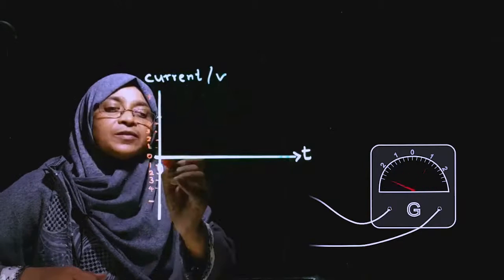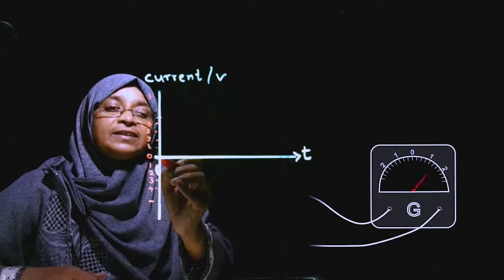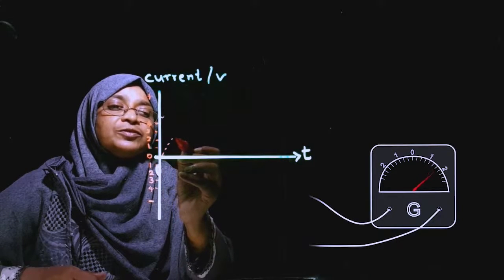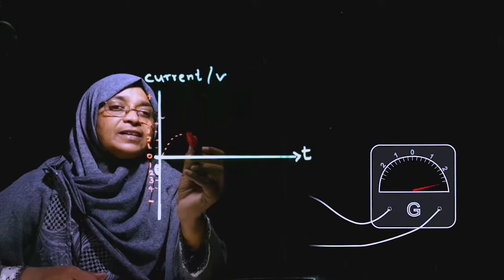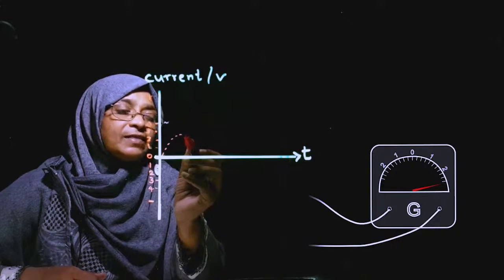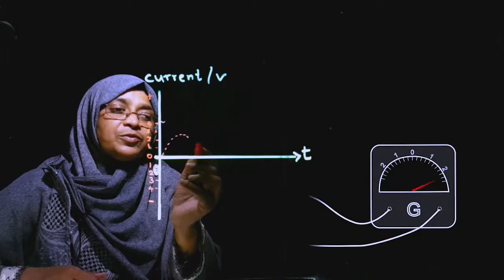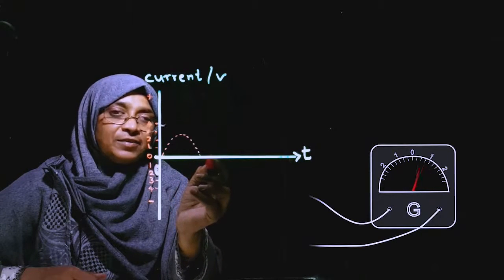Now, from 0 the current increases 1, 2, 3 and reaches the maximum, then backs down 3, 2, 1, 0.